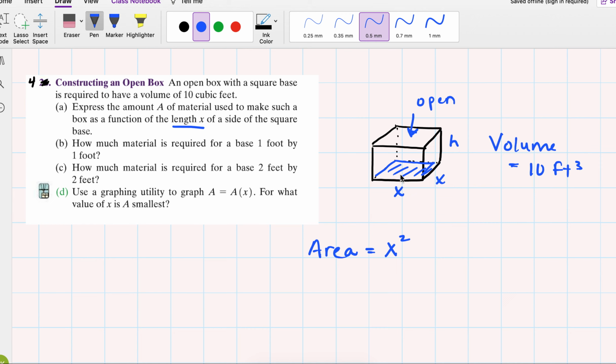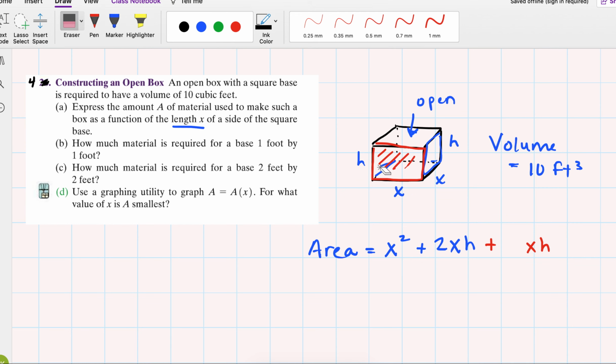Because it's a square, it's just the base times the height of this square, so x times x. And then, let me erase these lines so we can see it clearly. You see this side here. The area of this side is x times h, but also right here, this side, because this length is also h, is x times h, so we actually have 2xh. So we also have the front side, which is x times h.